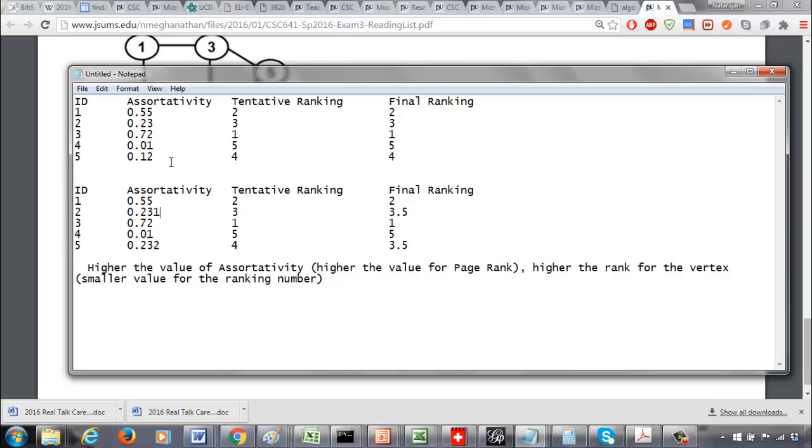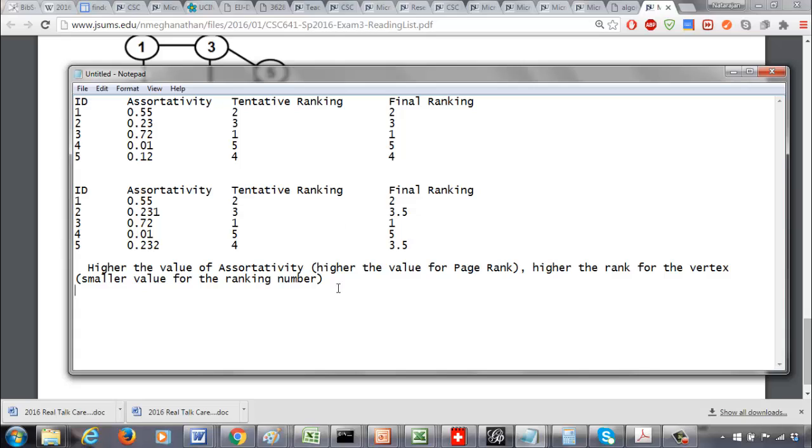So if the values are so close to the third decimal, I would say just go with up to the second decimal to decide the uniqueness of the values. So if the first two decimals are the same, then I think you should consider it as a tie among the values. Okay, so after the first two decimals, I would really recommend you to consider the values as ties and break the ties like this when you compute the final ranking.